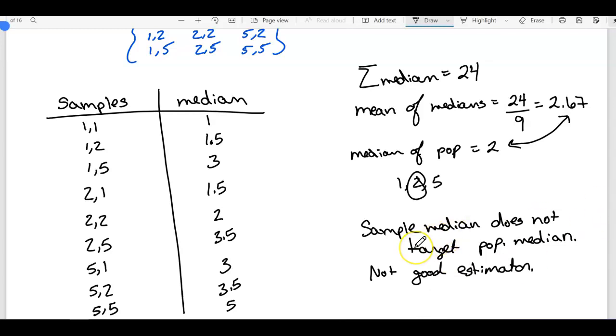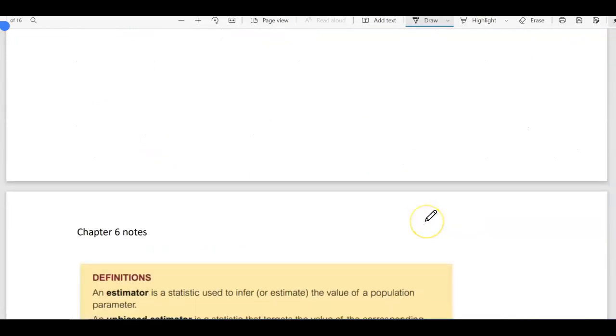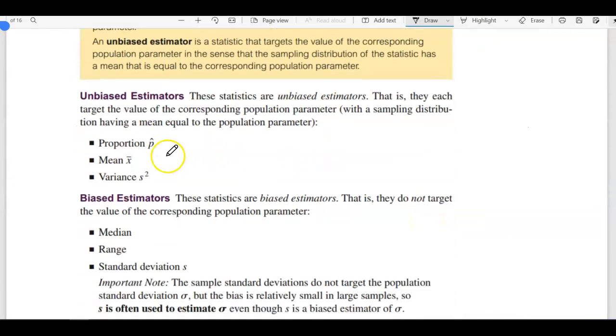So we would never want to use the median from a sample to estimate the population median, but we've seen some really good estimators in this section. The proportion, the mean, and the variance are all unbiased estimators because, as we saw in our example, that sample statistic does target that population parameter.